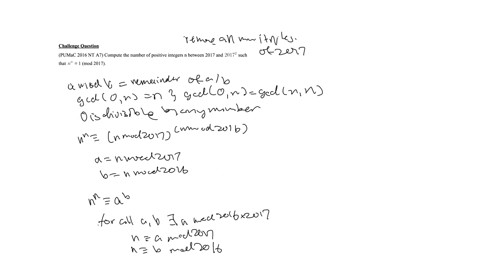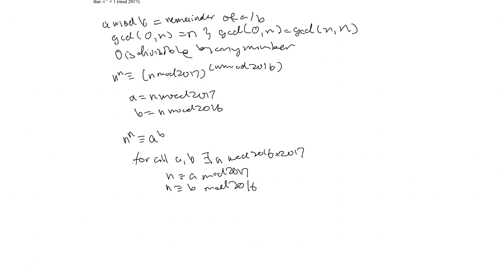But anyways, now we have a bijection, a one-to-one correspondence between n and pairs of A and B, such that A is not 0, right? So 0 less than A less than 2017, and 0 less than or equal to B less than 2016, where n is between 2017 and 2017 squared.